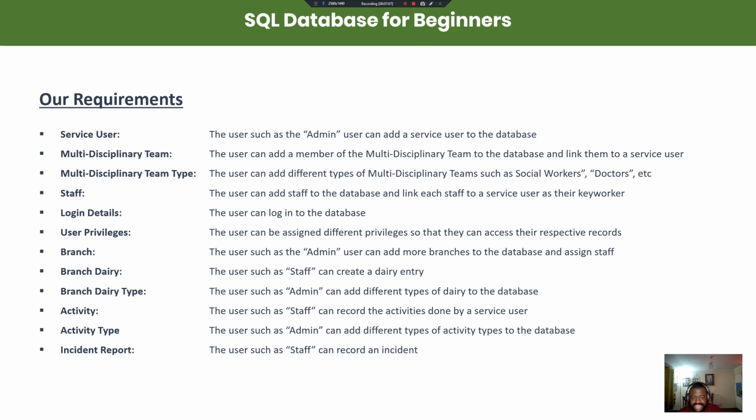Now, another thing that is very important within a care service is to have your incident report. Each staff will have to record an incident, what happened, if a service user had a fall or an accident, or there is an issue between the service user and the staff. This needs to be recorded within the incident report.